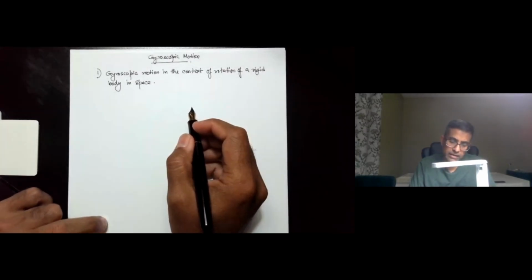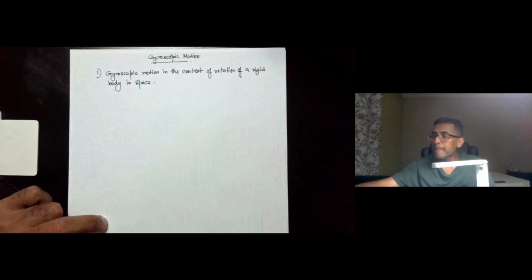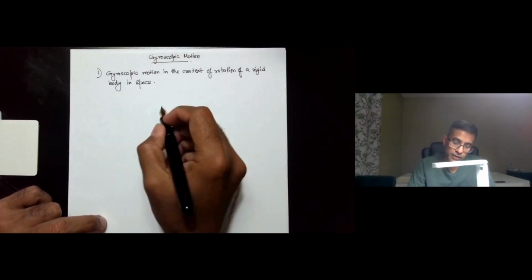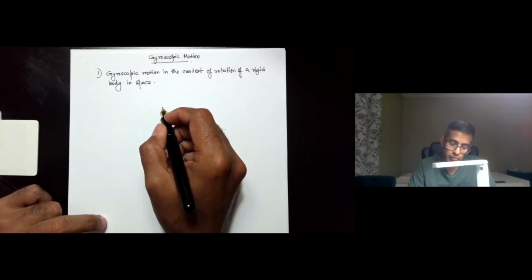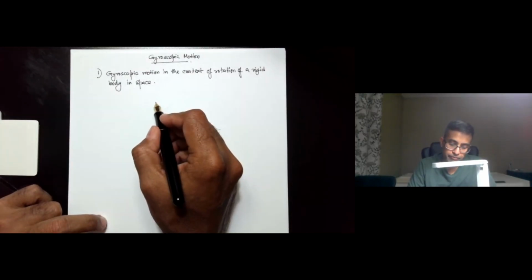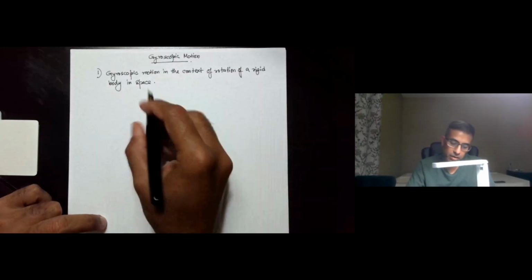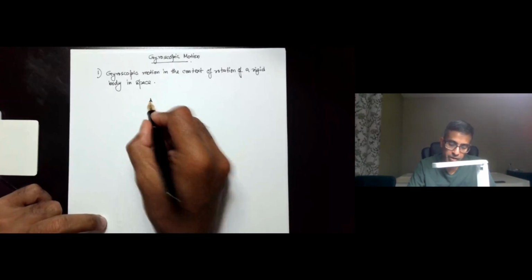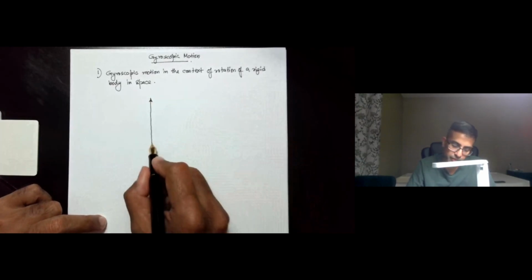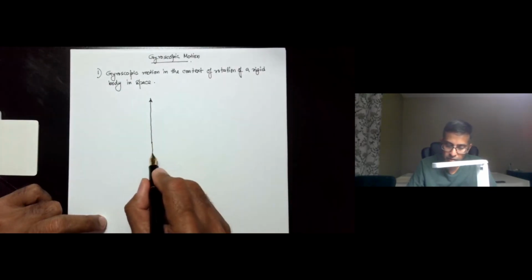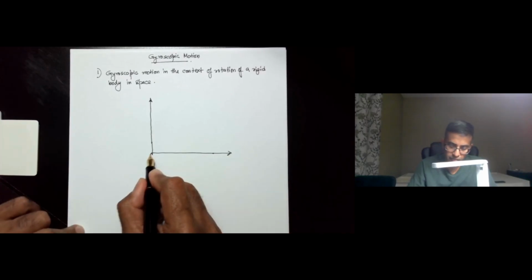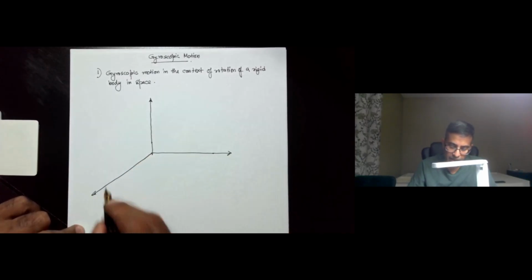So with that, first we'll try to define the orientation of a rigid body in space, an arbitrary orientation of a rigid body in space. And we are going to consider an inertial axis.